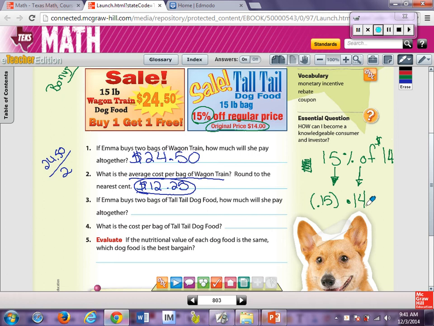And when I do that, I get 2.1, which means we save $2.10. So if I take our $14 regular price bag and I subtract $2.10, I now get, 14 minus 2.10 is $11.90.